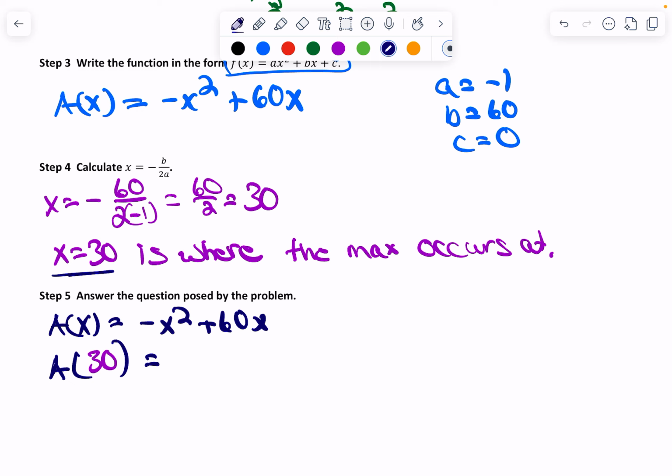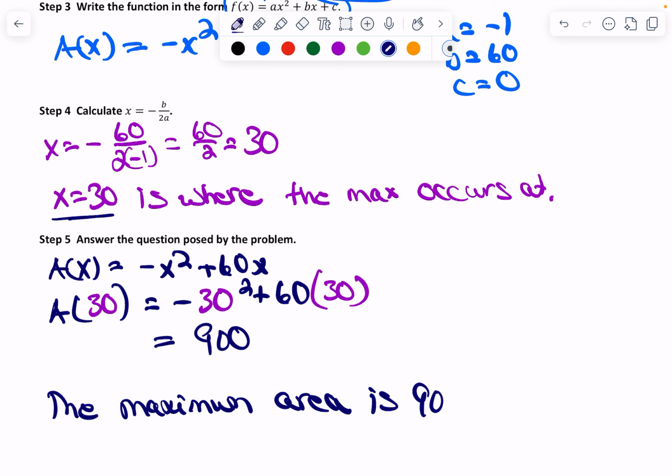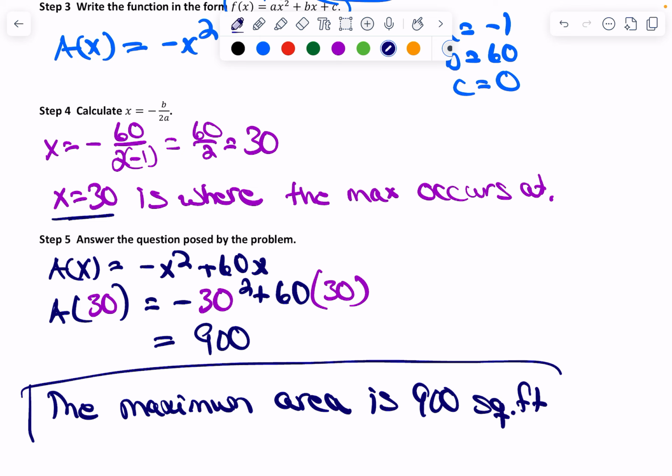So A of 30 equals -30 squared plus 60 times 30. Plug that in the calculator and we get 900. So the maximum area is 900 square feet. And that is our answer.